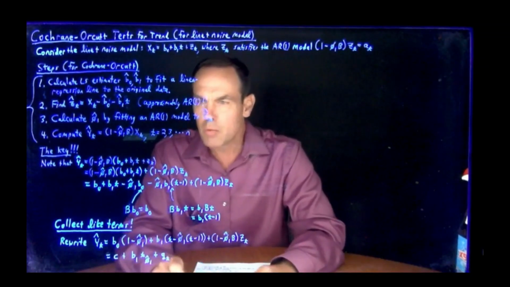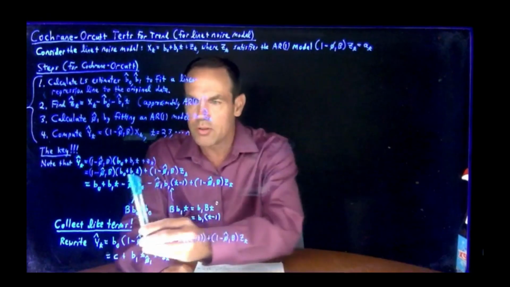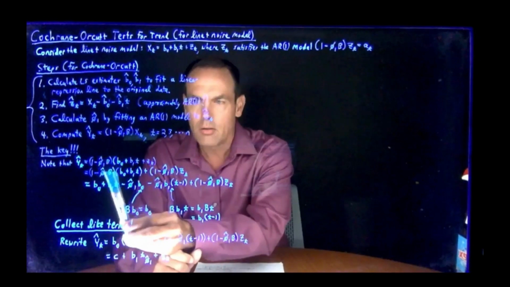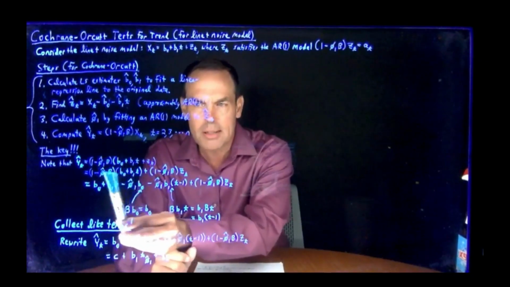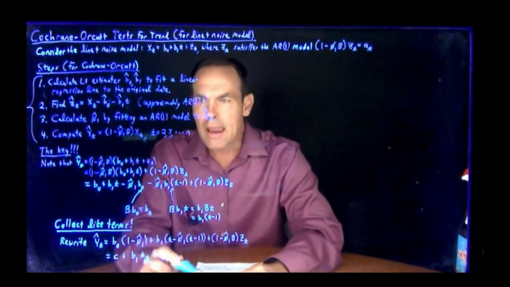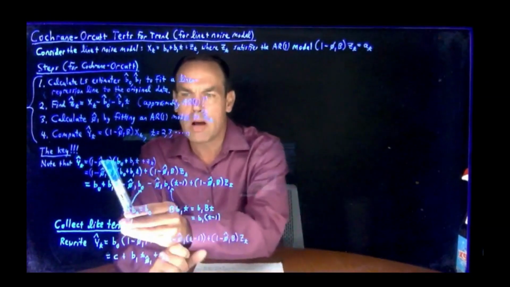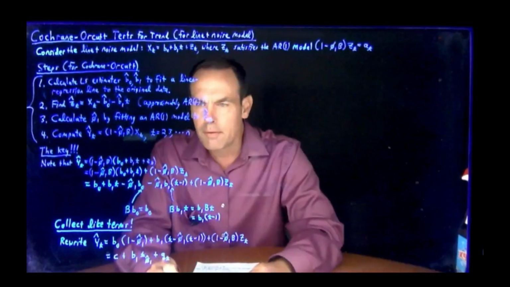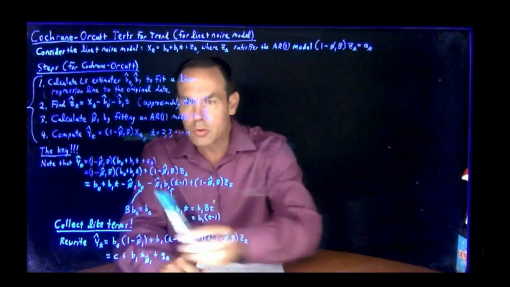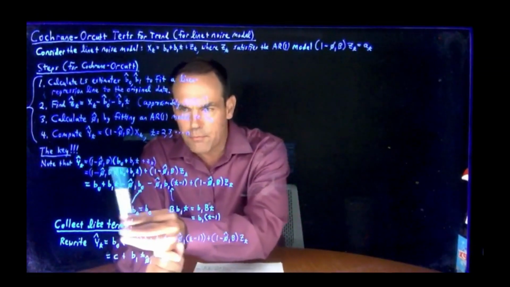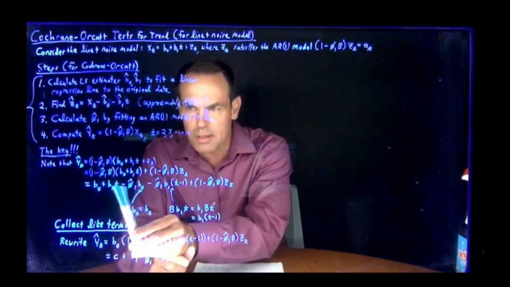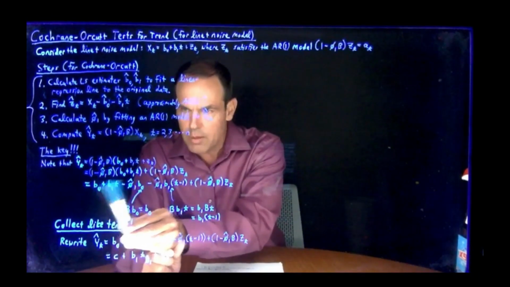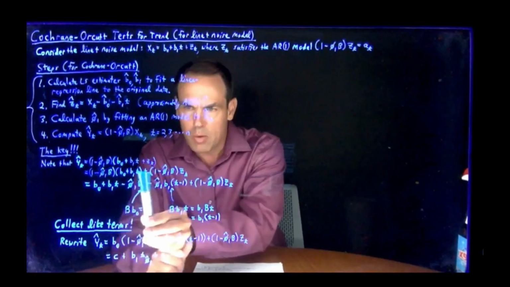Do some algebra, we'll do some distributing, and we will distribute this (1 minus phi hat 1 operator B) with the b0 plus b1 t, and then distribute the (1 minus phi hat 1 operator B) with the z t. And then let's use FOIL on this first product that has 2 terms in each, so we get b0 plus b1 t.